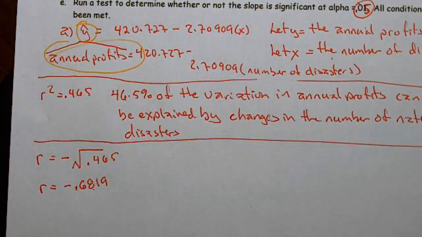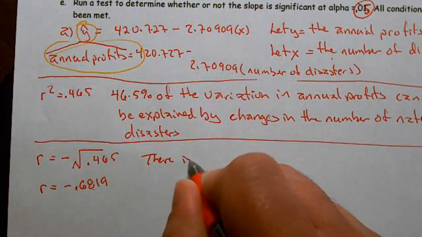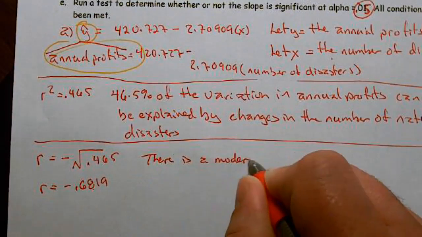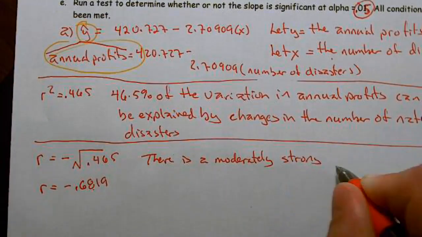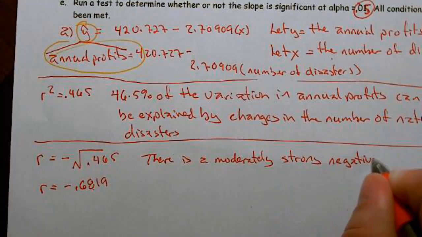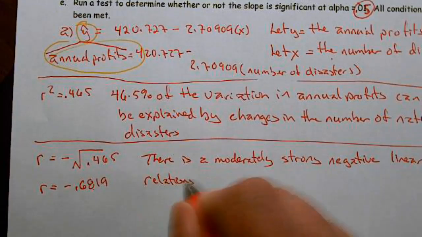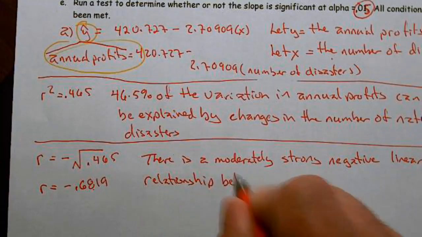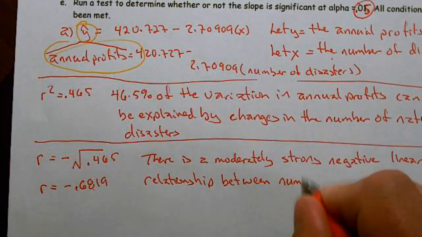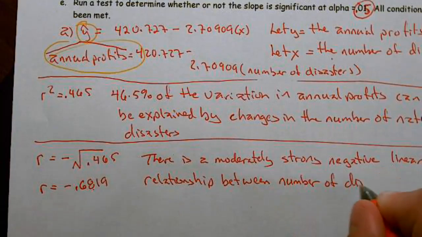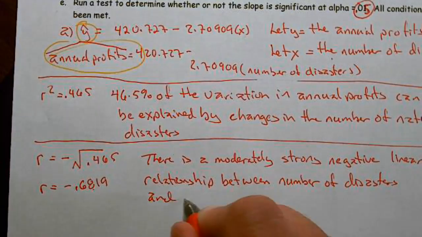And the correlation coefficient, so we're going to say there is a moderately strong, and we need to fill in the direction, negative linear relationship between the number of disasters and profits.